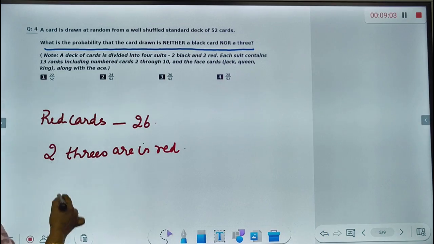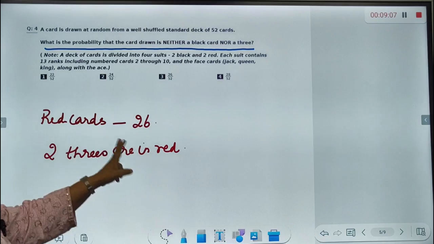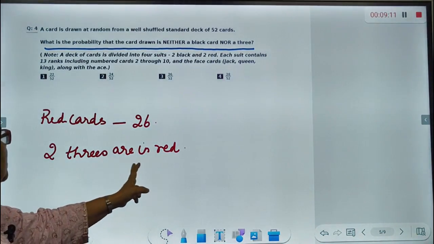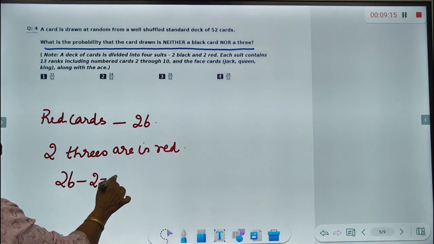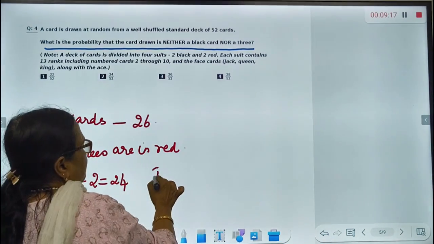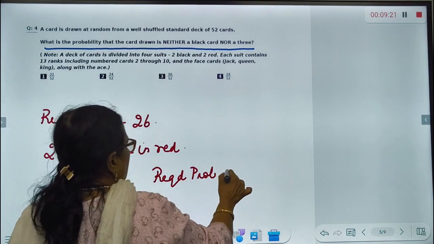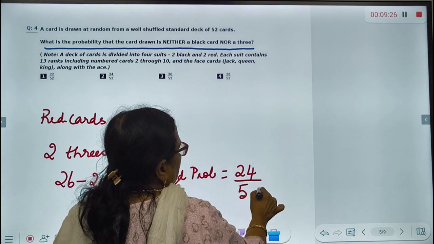So that means what is the probability of getting a red card which is not a 3? The total number of red cards is 26, out of which 2 3s are in red. So 26 minus 2 is 24. So the required probability is 24 out of 52.